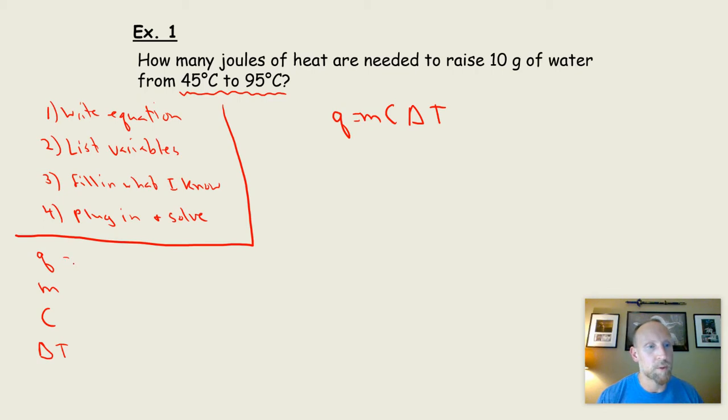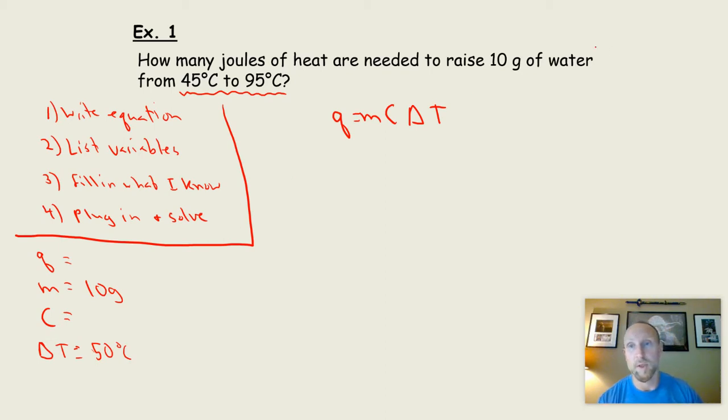So here are our variables. Now what do we know from the statement? I know the mass, 10 grams. I know the delta T: we're going from 45 to 95, so 55, 65, 75, 85, 95. We're changing by 50 degrees Celsius. And I also know my C. How do I know that?